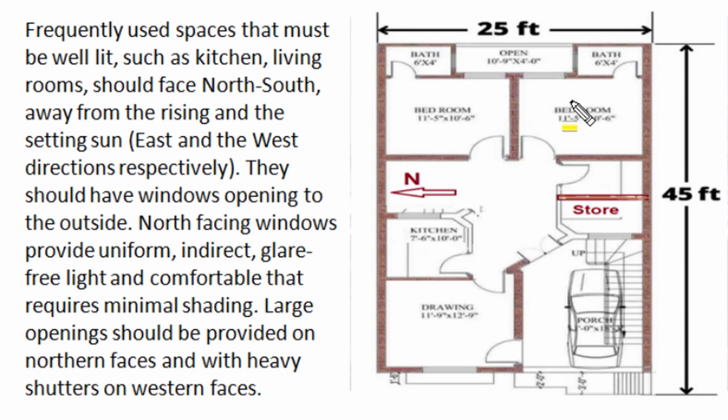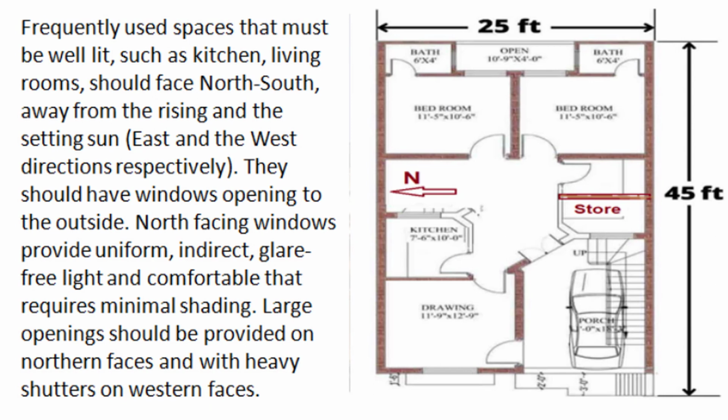In a house, the spaces which are more frequently used during day hours, such as kitchen and living rooms, should face north or south direction for required daylight, and such spaces should be designed away from the rising sun from the east face or the setting sun of the west face, and such spaces in the north or south face should have window openings to the outside to get daylight, and from the south face they get both daylight as well as desired heat of winter season, and appropriate shading in the south face reduces direct penetration of solar heat into internal spaces in summer season to reduce unwanted solar heat gain.